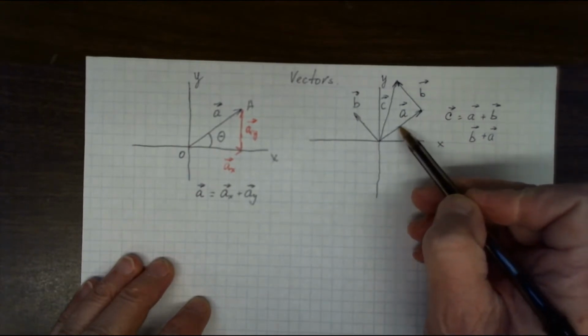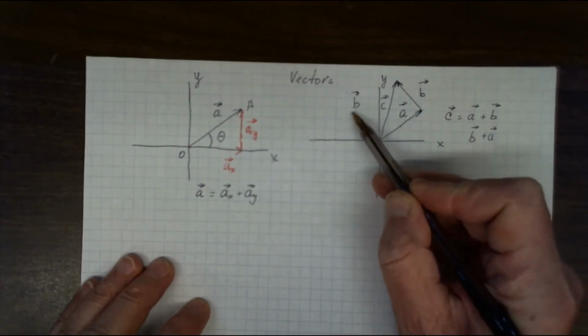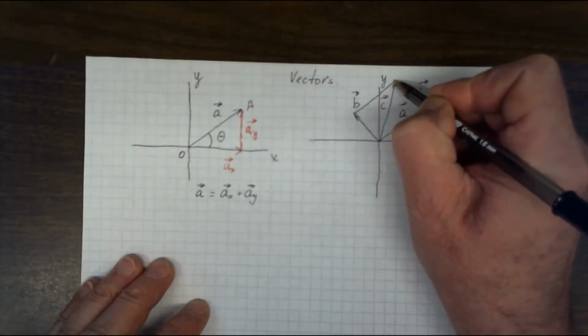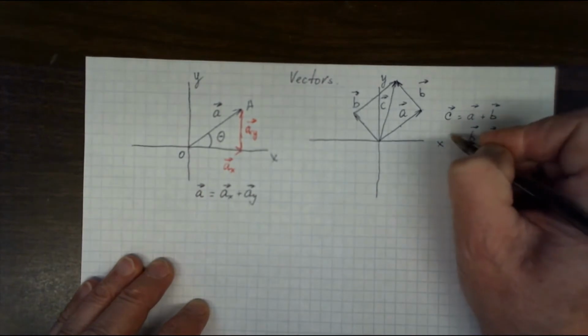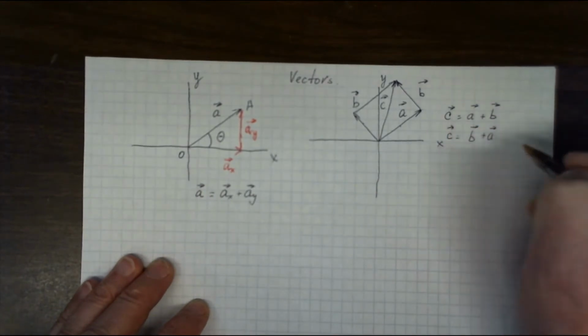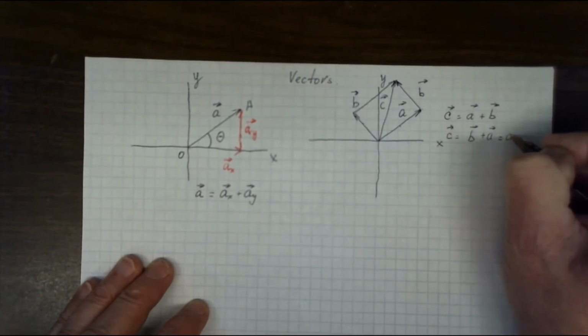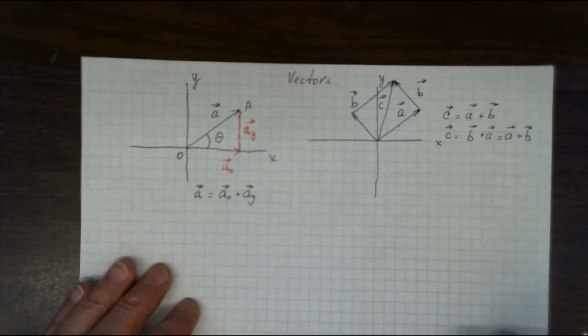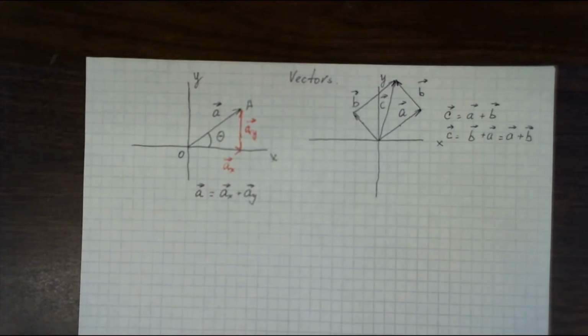I will move vector A to the tip of vector B, and as you can see from this sketch, it's also vector C, and B plus A is the same as A plus B. Therefore, vector addition conforms to what we call the commutative law.